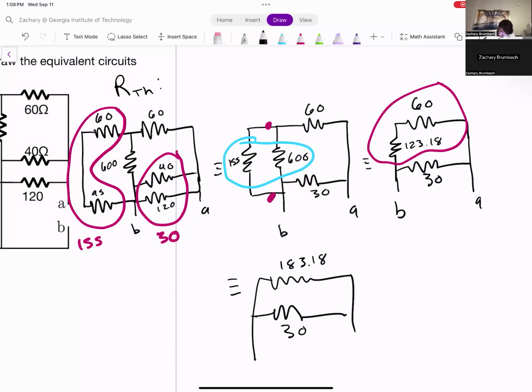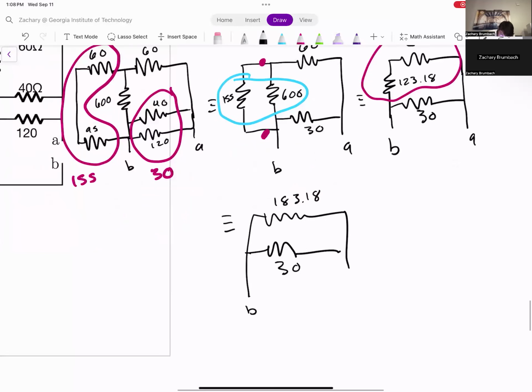So we have one last set of parallel resistors, which become, from A to B, just a 25.72 ohm resistor.